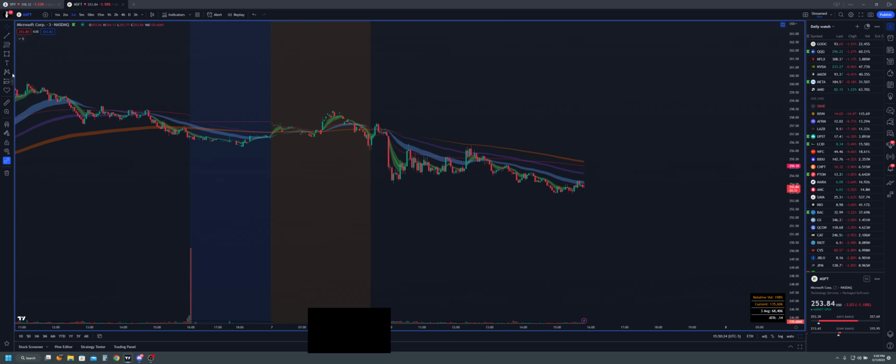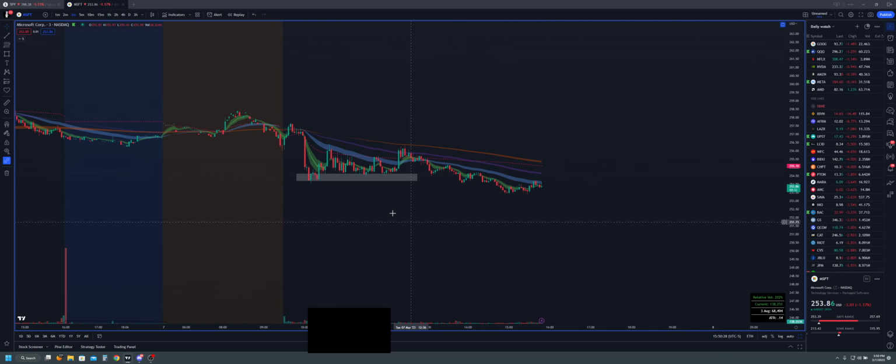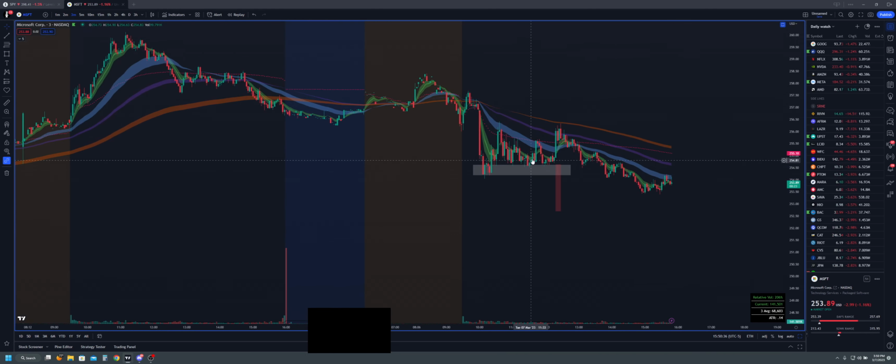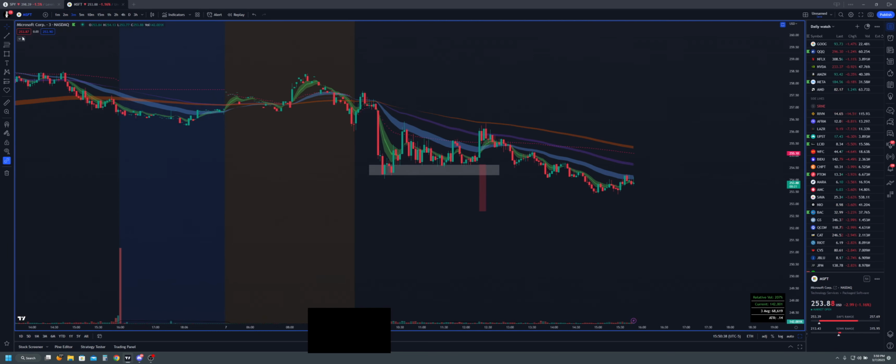If we were to break this zone today, it would have been a beautiful downside move, like a descending triangle.